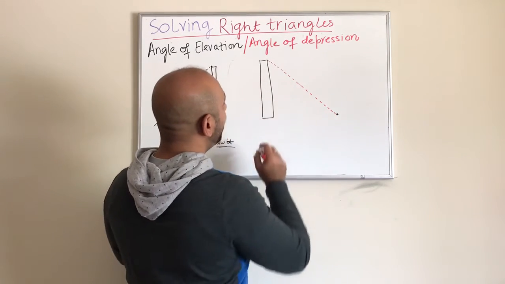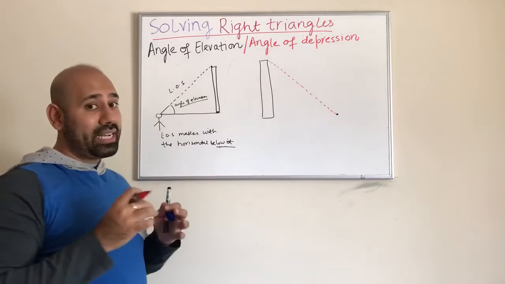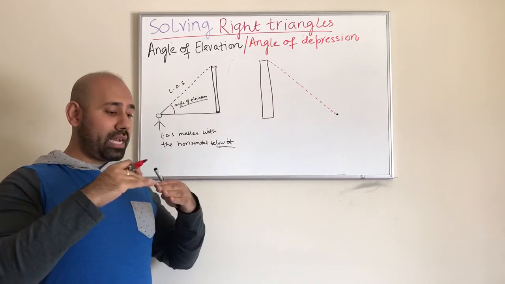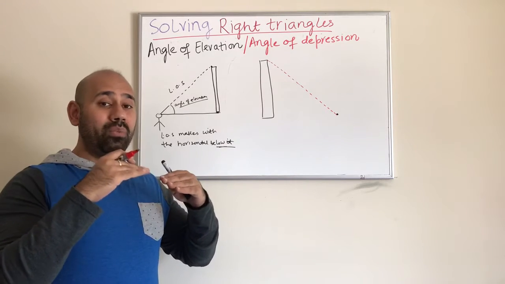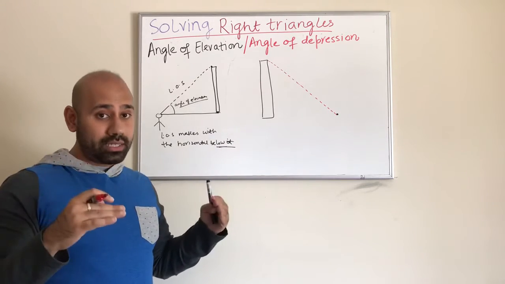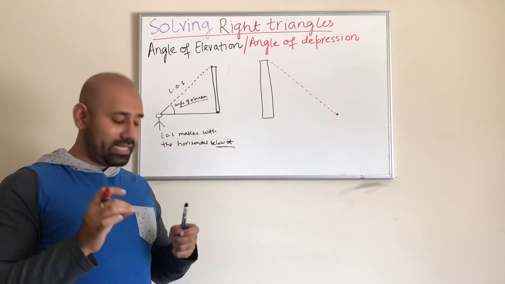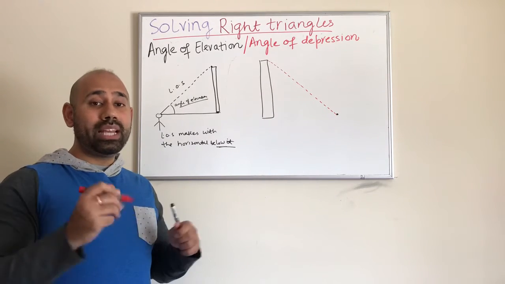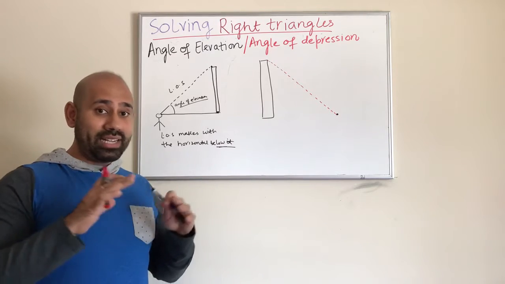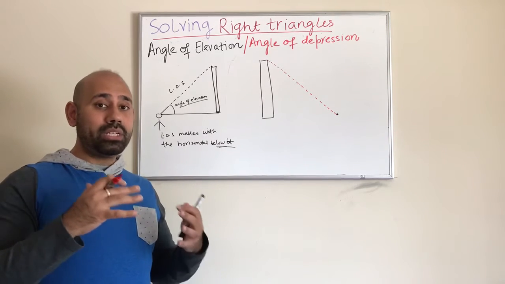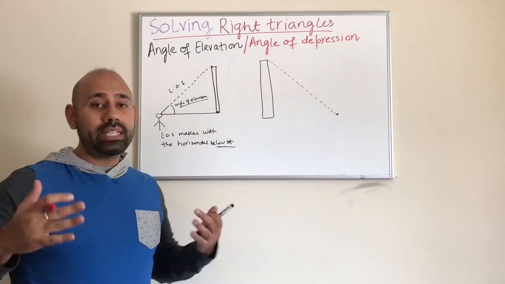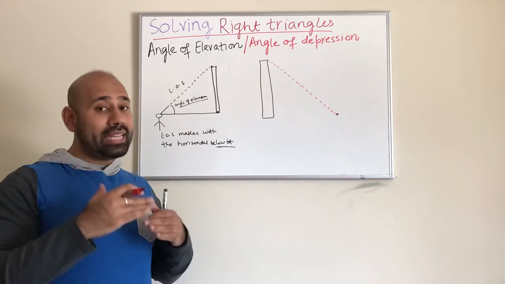If this is the line of sight, the key thing here is that both these angles are always measured with respect to the horizontal, not the vertical, and that is a mistake that I see students sometimes make. So please make sure we get that definition clear and straight: the angle of elevation or depression is always the angle between the line of sight, of course an imaginary line, and the horizontal.